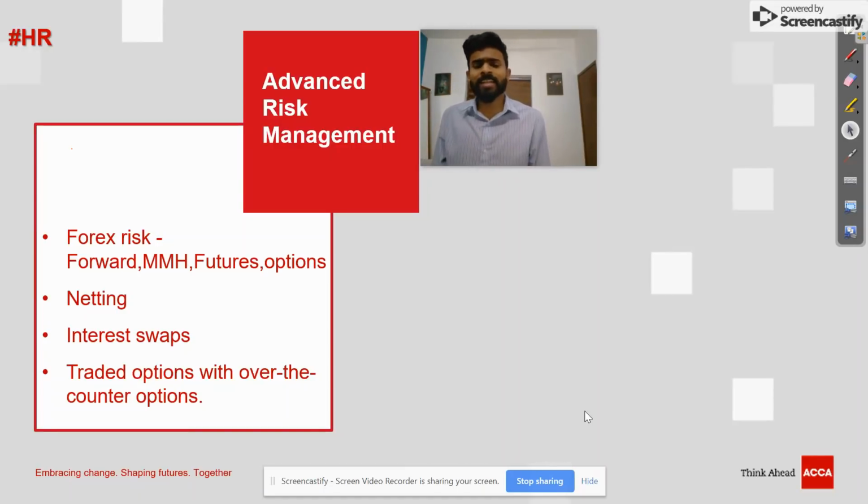There's a high chance that interest rate swaps can be tested. There is a technical article regarding how a bank arranges an interest rate swap. Please read that technical article at least once. Interest rate swap calculation using the spot yield curve and forward rate agreements, FRAs and all.